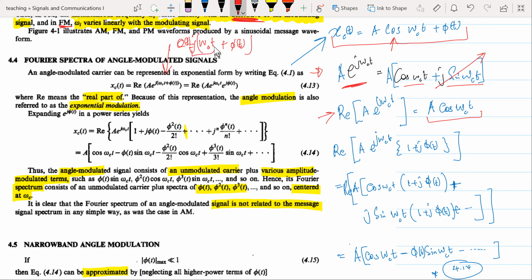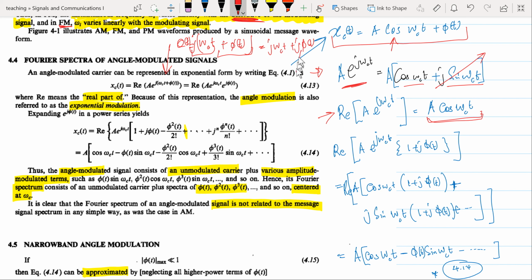Therefore, when you break this part and take the real part, you end up with a cos omega c t, which is now multiplied with this other part, which has a j, because there are going to be j omega c t plus j phi of t.